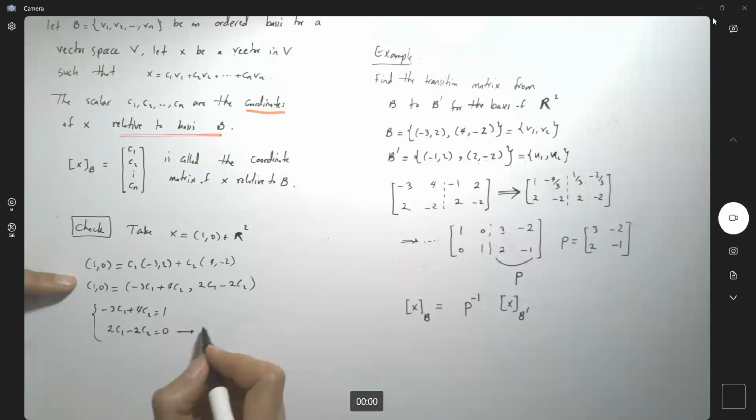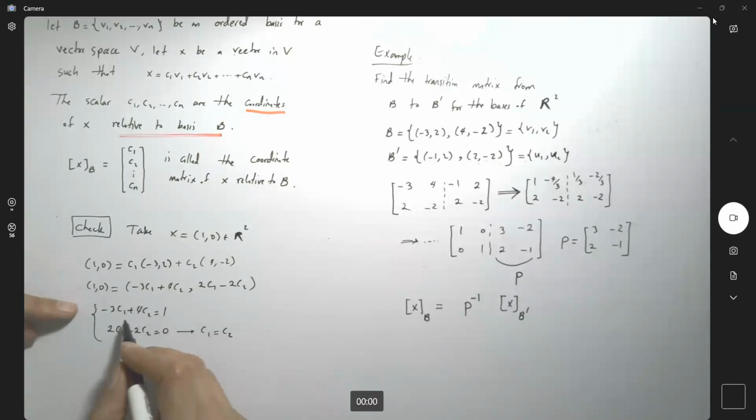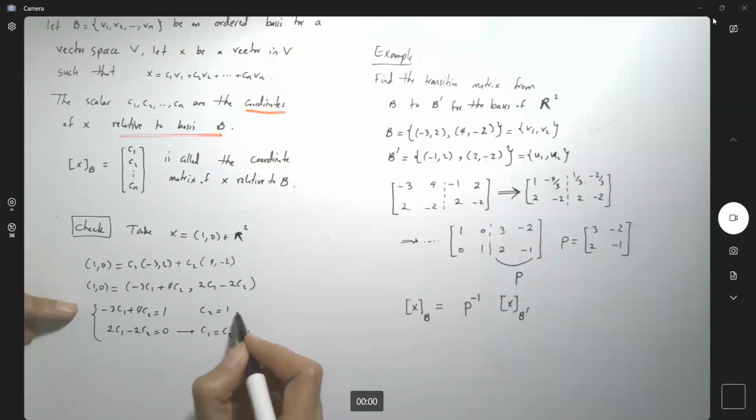From the second line, c1 is equal to c2. Substituting it here, you get c2 equals 1, which is the same as c1.